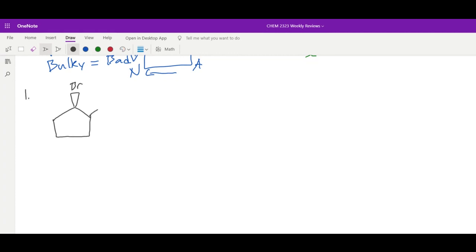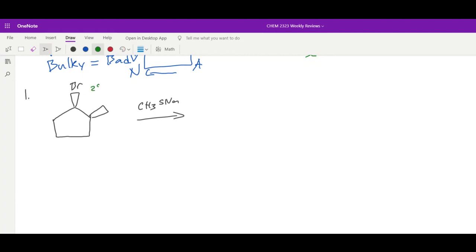Bromine, we have a methyl. Okay. Here is my approach. I look at my leaving group.